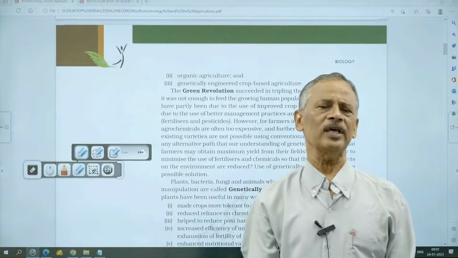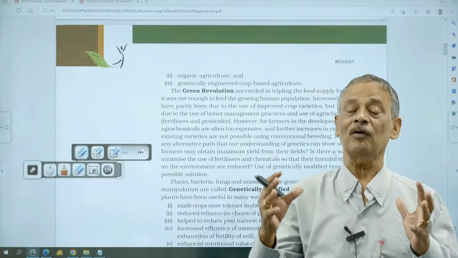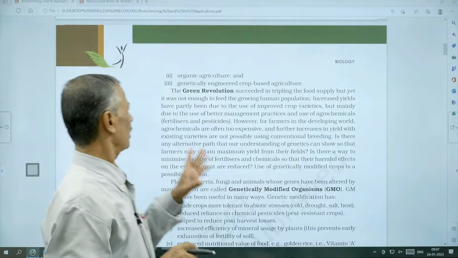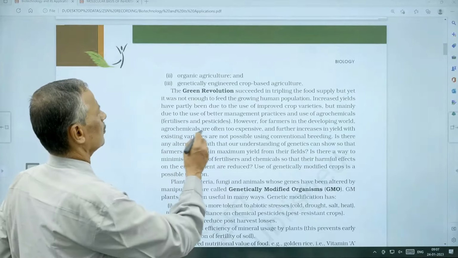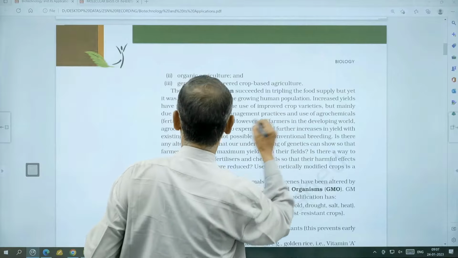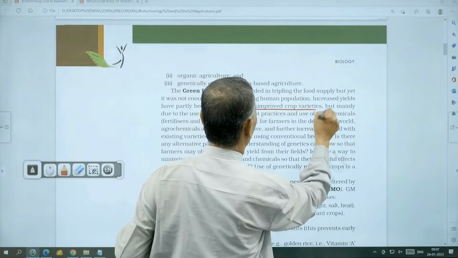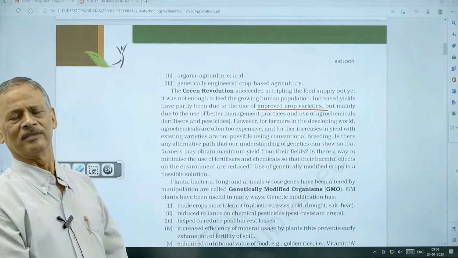Of course, we know that during the Green Revolution, we could improve our agriculture production by three times. But why could we improve that? Mainly because of improved varieties. We used a large number of improved varieties of crops. That is one reason only.